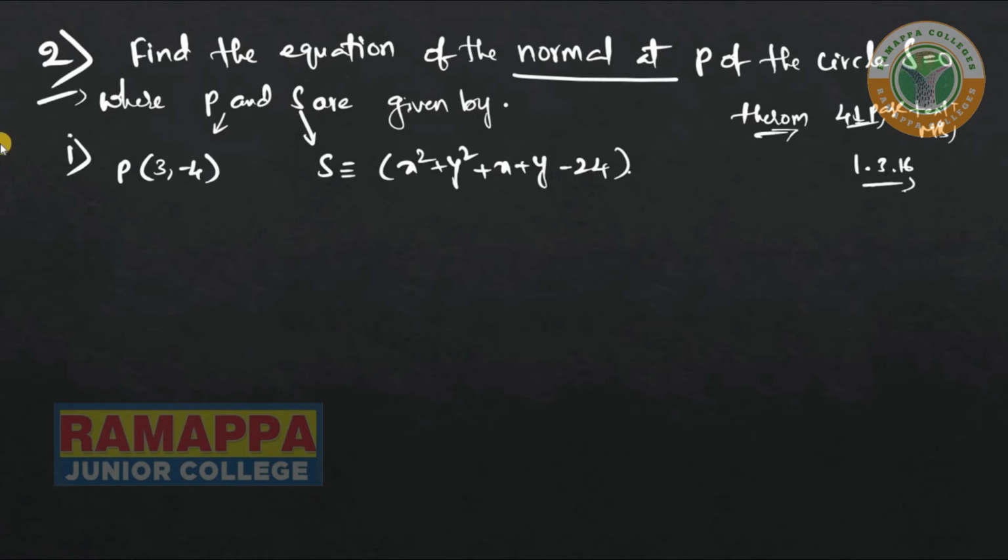Here the normal at any point P of the circle is given like in this question. The theorem is also there, 1.3.18 in your textbook on page 41. So please go there and watch the theorem once, and then do this solution, it will get easy for you. So the theorem is here, and the equation will come like this.